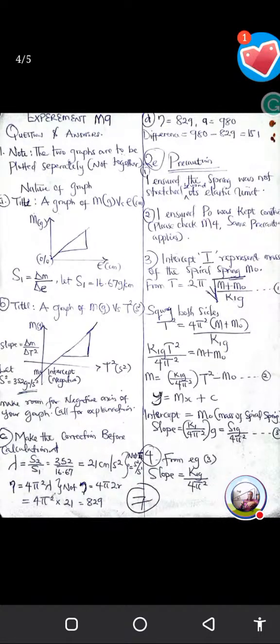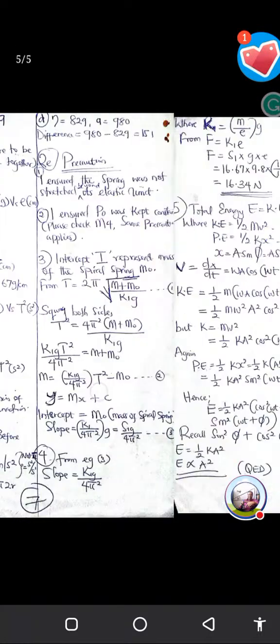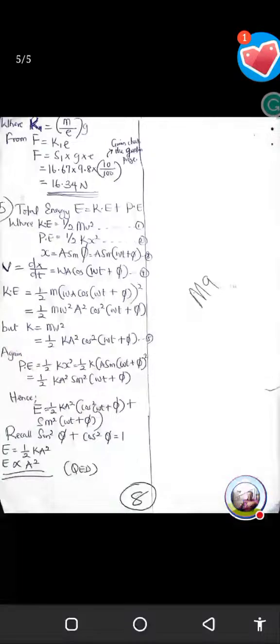Okay, so if you look at these parts, you see that k1 is actually m over e times g, which is the slope of the first graph times g. So we'll come here and call it k1. Like if you make it from your Hooke's law, F equals ke, when you make it the subject of the formula, don't forget that your F is now mg, then you'll get this, where m over e is now the k1.